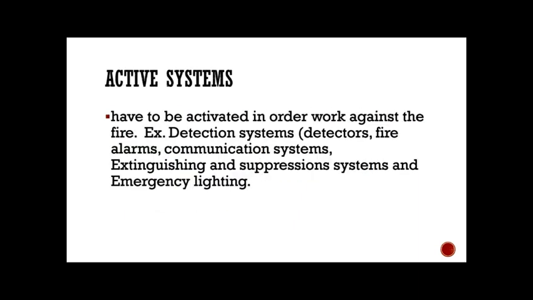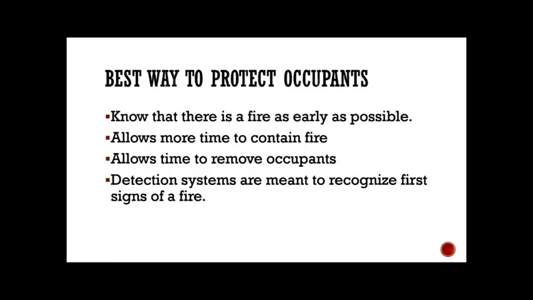Then you have active systems. They have to be activated in order to work against the fire. Examples would be all types of detection systems, like fire alarms, communication systems, detectors that we have, extinguishing and suppression systems, and emergency lighting.